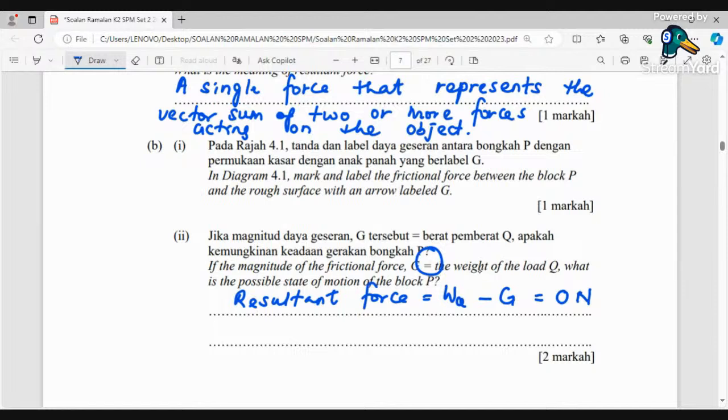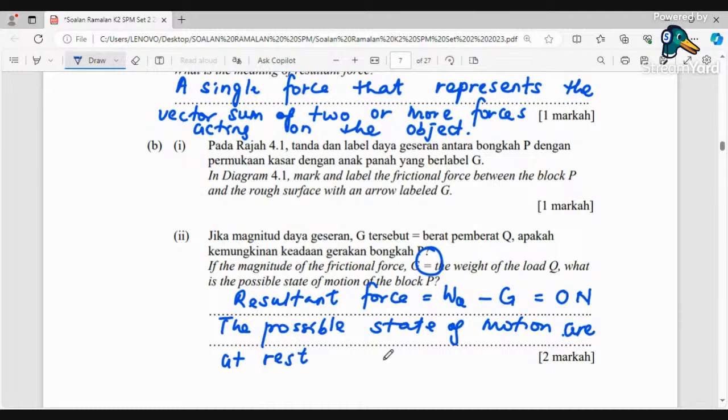When the resultant force equals 0, the possible state of motion has two situations: at rest or uniform velocity motion.